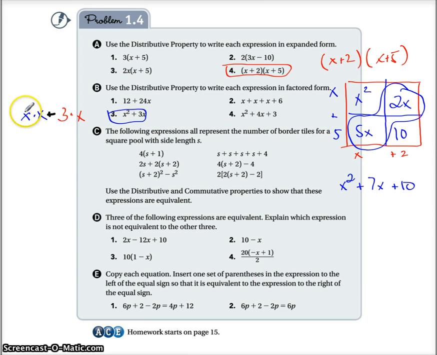They both have 1x each. This has an x, this has an x, so they go outside as one item. X on the outside, and on the inside, I have the leftovers. I have that x plus 3. That x plus 3 is left over there in the middle. Okay. The rest of these, I'll let you work through. Make sure you do order of operations here.